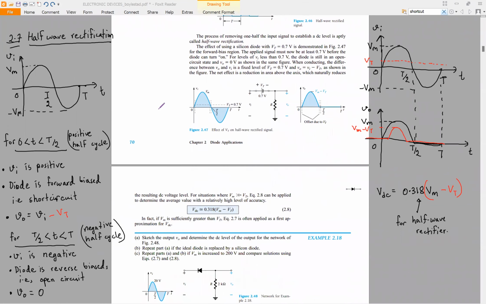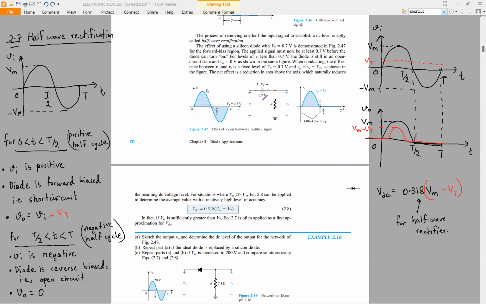The equivalent circuit of a simplified diode is something like this. You have an ideal diode, and you also have a threshold voltage.